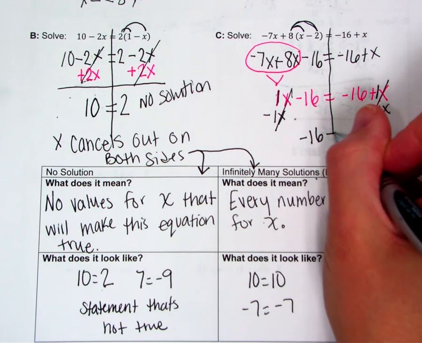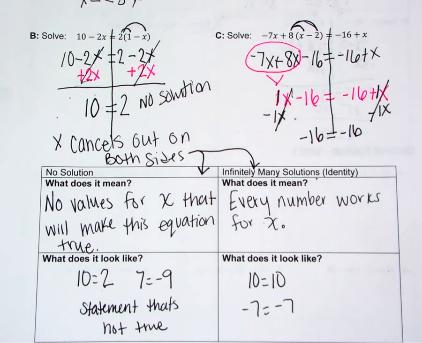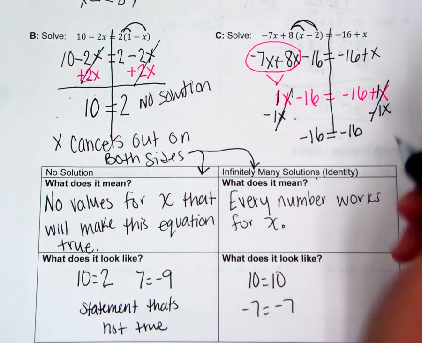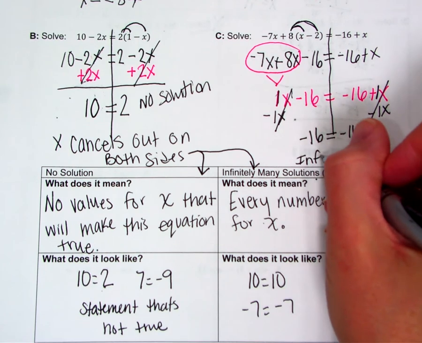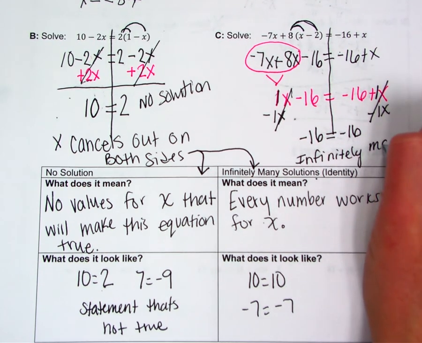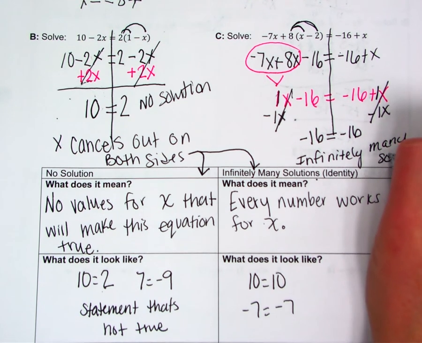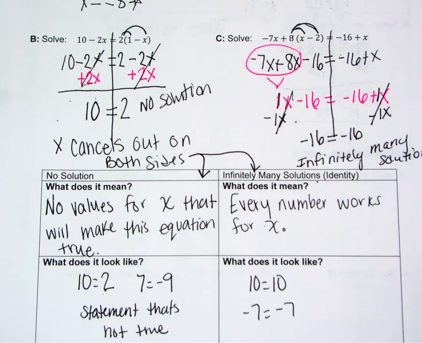So if you're left with something like negative 16 is equal to negative 16, that is something that's true. 16 does equal 16. Negative 16 does equal negative 16. So what do I write? That is when I write that I have infinitely many solutions.